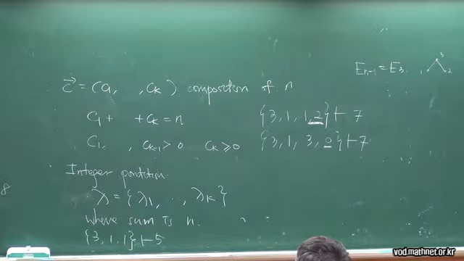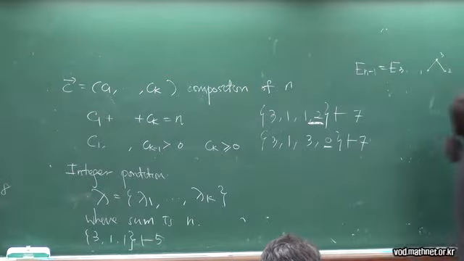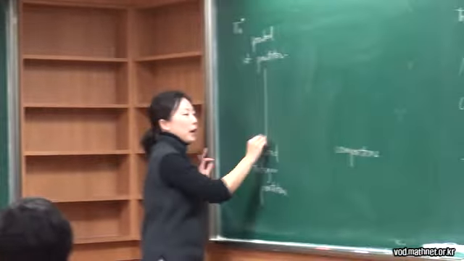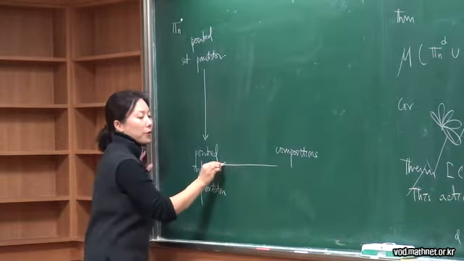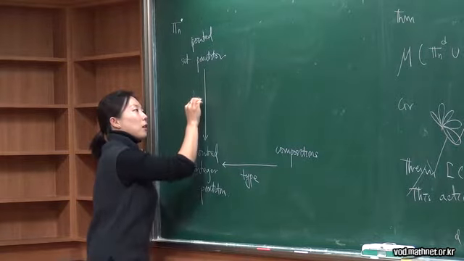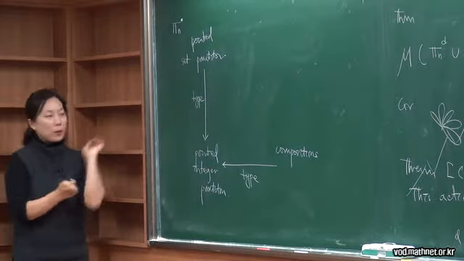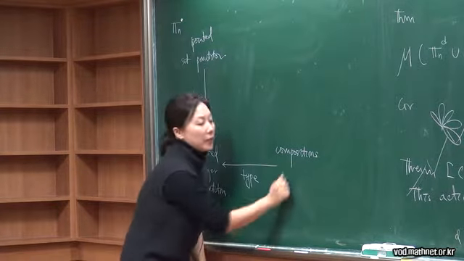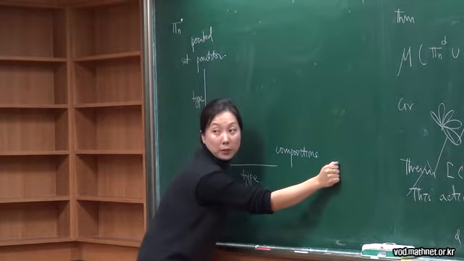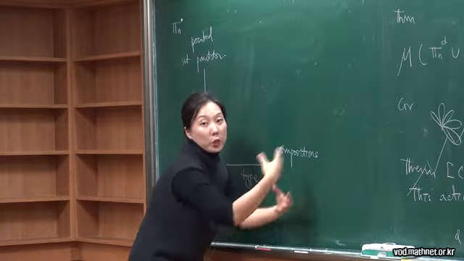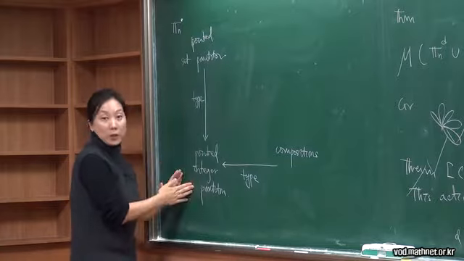So I wrote all the 3 structures here: the compositions, pointed integer partitions and pointed set partitions. And I will write the function types here. What is this? Composition: you have some entries, positive numbers, and you should keep the order. But if you permute the order, you may have the pointed integer partition.